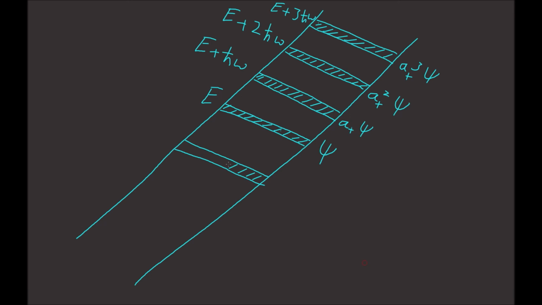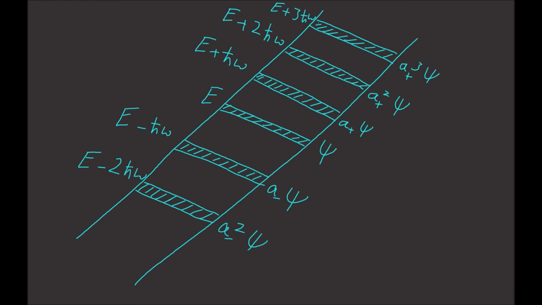And you can operate down. You can lower the energy using the lowering operator, a minus psi. You get the energy of this quantum state minus h bar omega, and you can operate again. I think you see the idea now. A minus squared times psi, you take 2 of these from the energy, 2 h bar omega, and so forth.